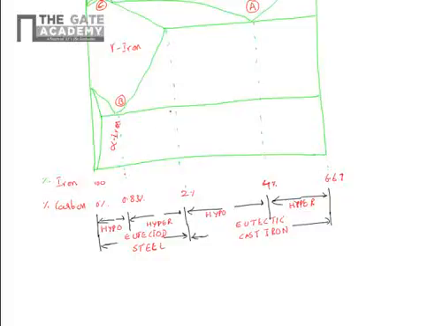Next is alpha iron and cementite. Here it is called ledeburite. This one is gamma plus liquid.